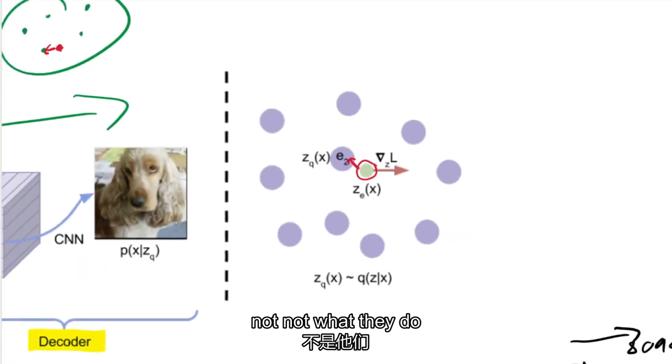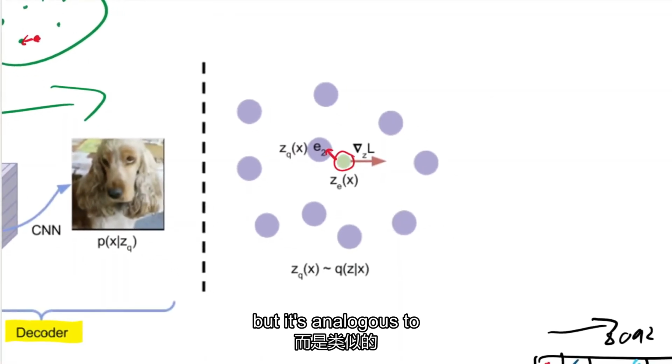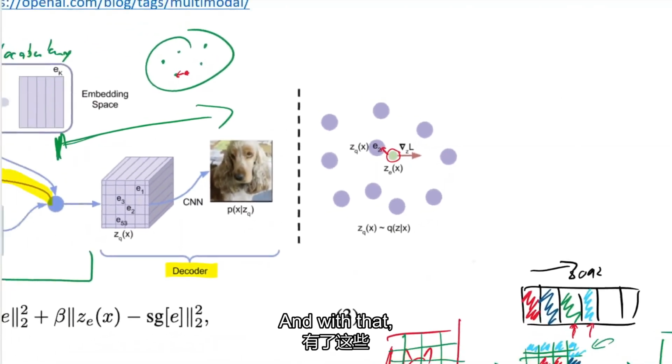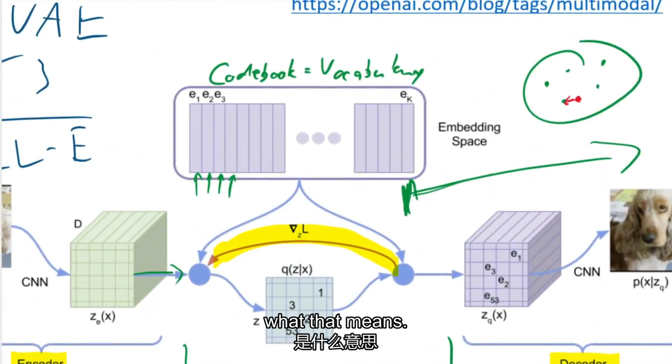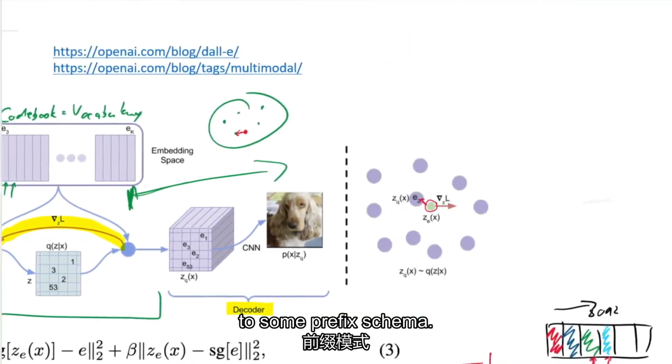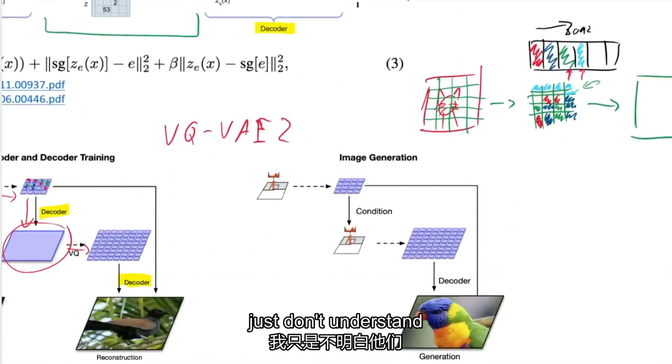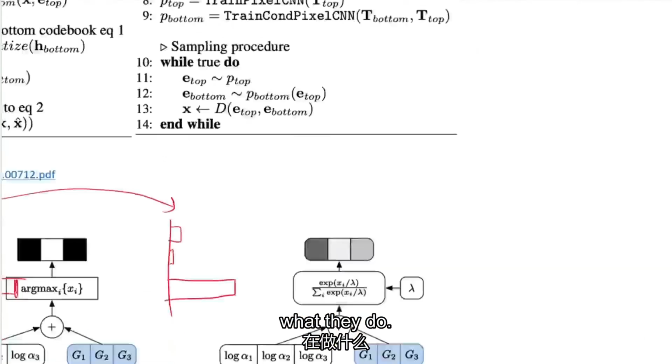Not what they do here, but it's analogous to that. And with that, they don't need an explicit codebook, and I don't know what that means. What I can imagine is that they don't actually train the codebook vectors. Maybe they just quantize to some prefixed schema, or I just don't understand what they do.